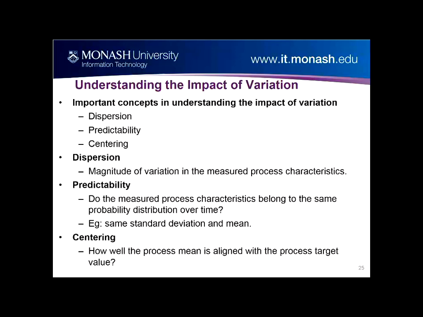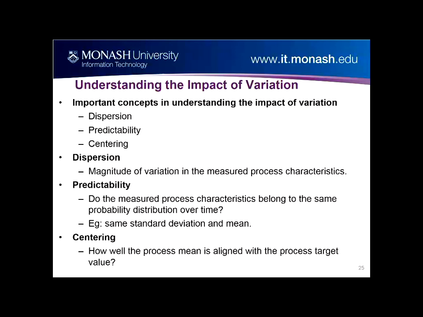And centering is how well the process mean is aligned with the process target value, which I mentioned just now. You allow a maximum number of standard deviations from the target value. Typically, you do not want to allow too much deviation from the target value, because then you are not going to get the kind of efficiency you want.